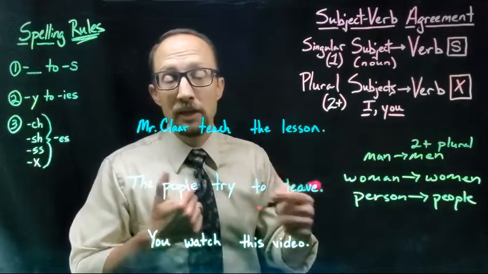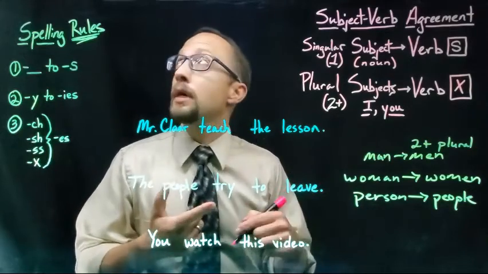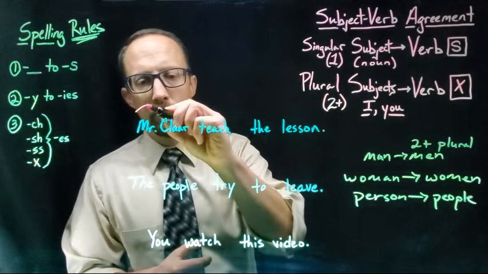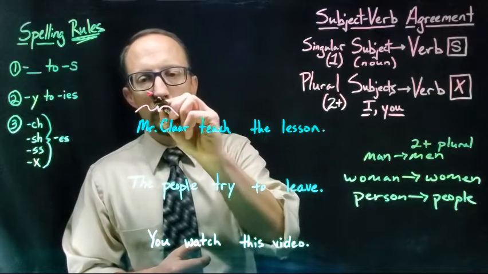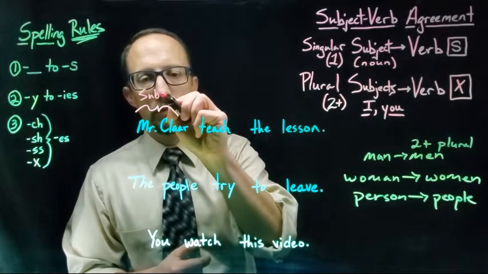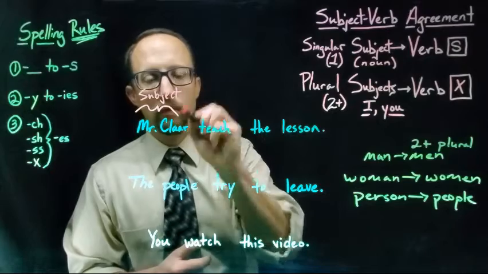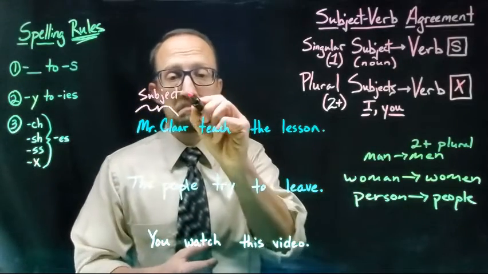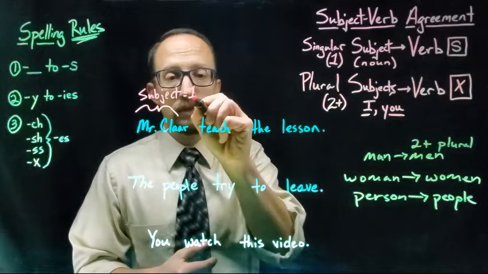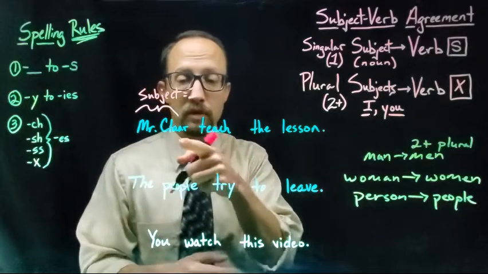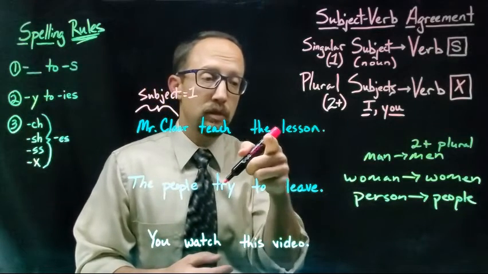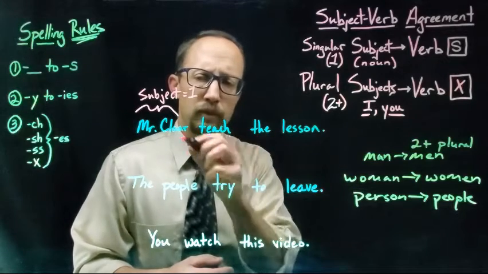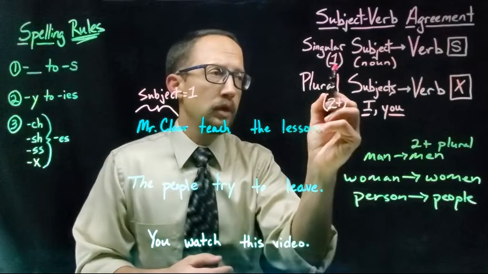Okay, let's try more examples. Here, Mr. Clare is the subject. How many? There's just one. There's no S. Mr. Clare teach the lesson. Do we change? So we have a subject as one.